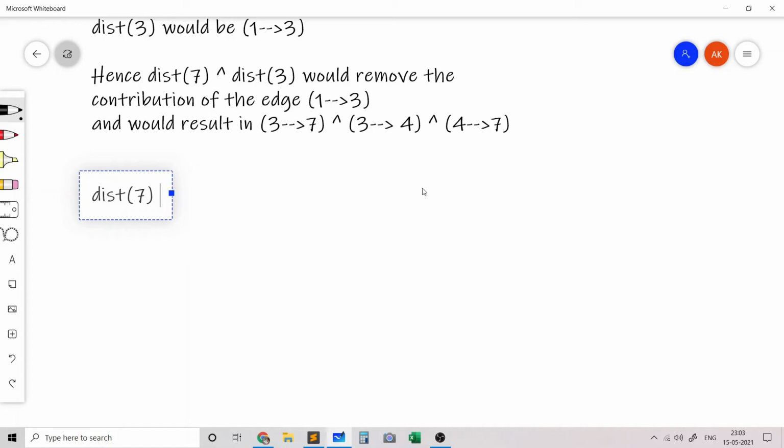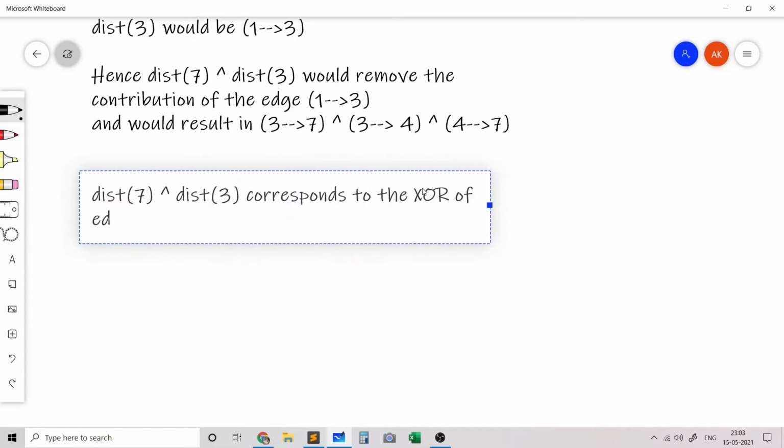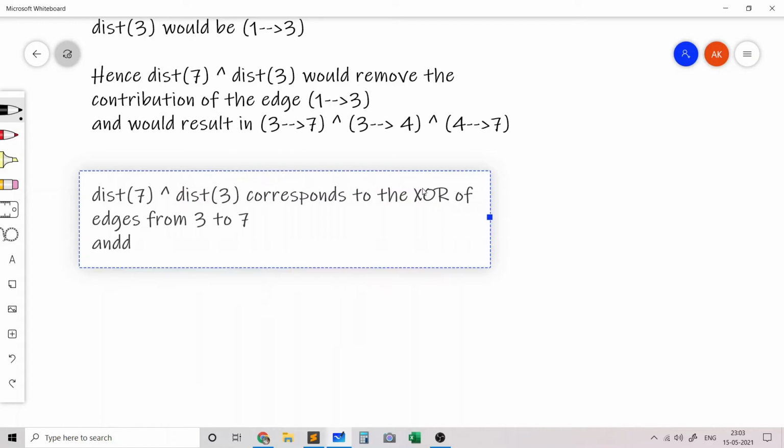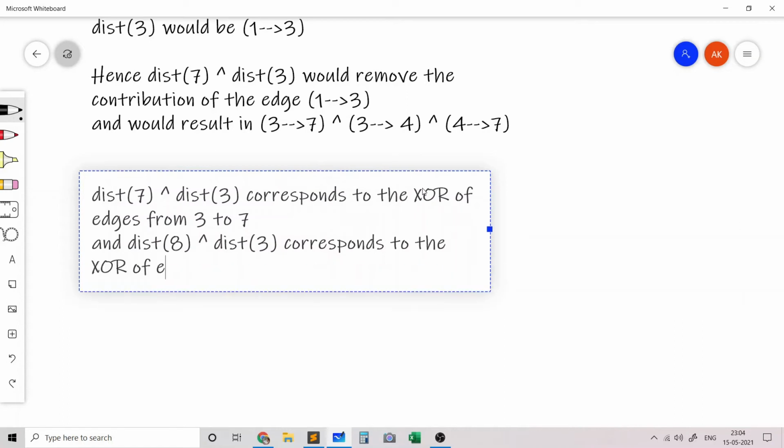So basically what I'm saying is that distance of 7 XOR distance of 3 corresponds to the XOR of edges from 3 to 7, and distance of 8 XOR with distance of 3 similarly corresponds to the XOR of edges from 3 to 8.